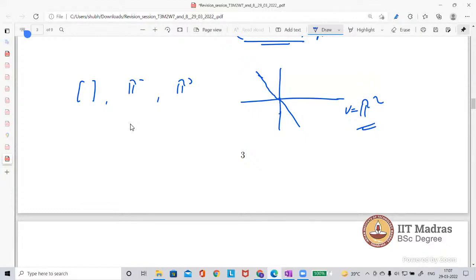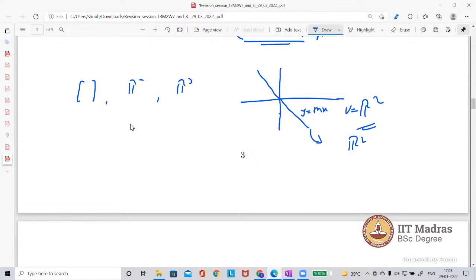Now for affine subspaces, geometrically, let's say this is a line which passes through the origin. So it is a subspace of R2 with a geometric representation. If you write the equation of this line, it will be y equals mx. There is no c added here because it passes through 0.